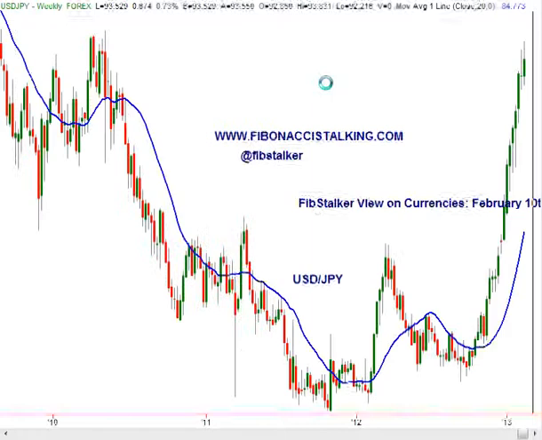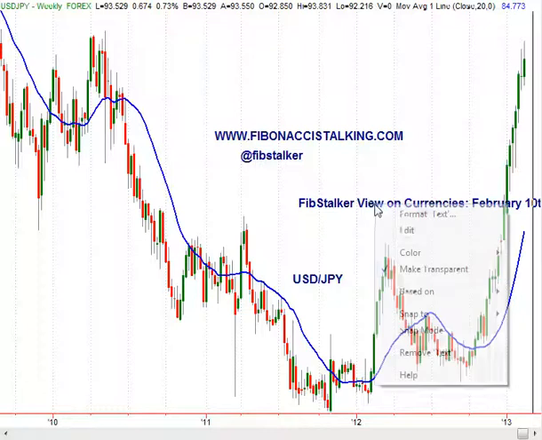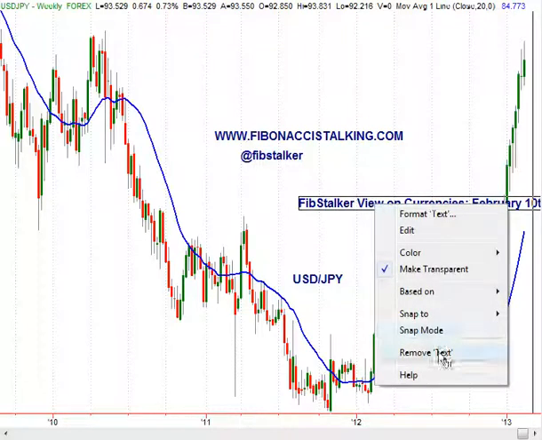Just a second to load this up, and as you can see here, in a minute the USD versus the Japanese yen is going to be the same. I'm going to remove this, which could be misleading actually.